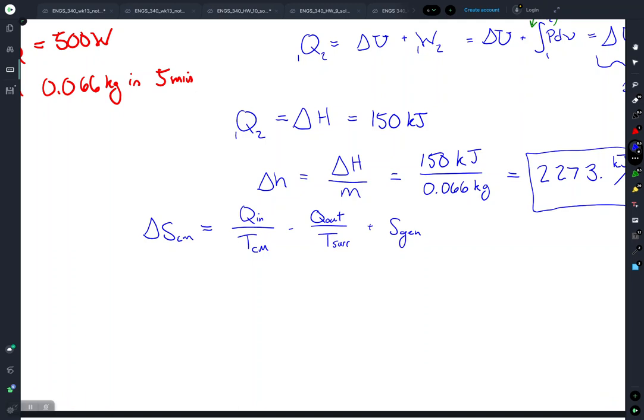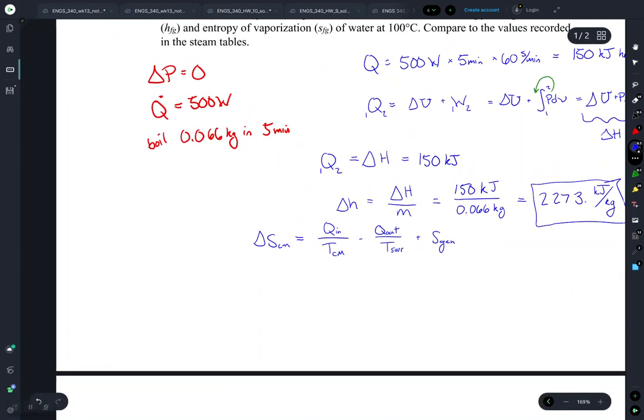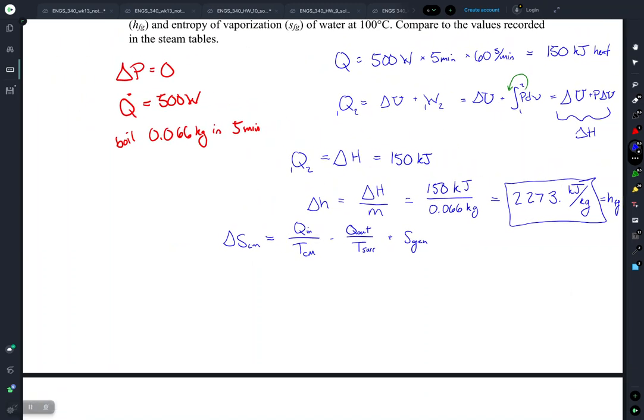So if we assume that we're doing this reversibly, then no entropy is being generated in total. This is true if we're heating it reversibly.